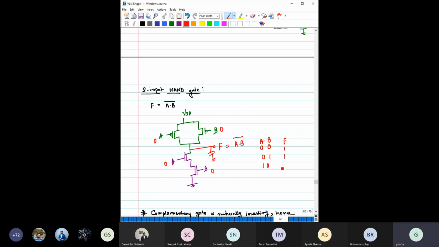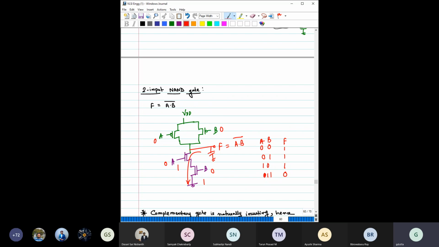For this case, 1. For 1 1, the capacitor would discharge. So 0. The capacitor would discharge because now this is on, so it has a direct path to discharge. So the capacitor would discharge and the output would fall to 0. So definitely we can see that it is working as a two input NAND gate.